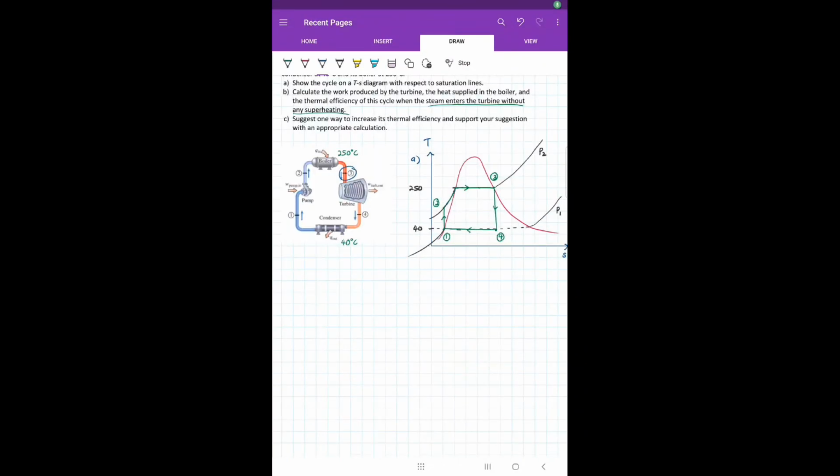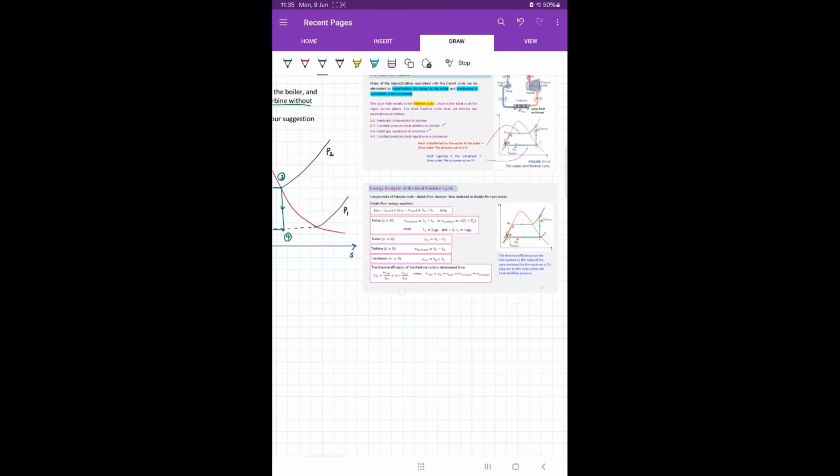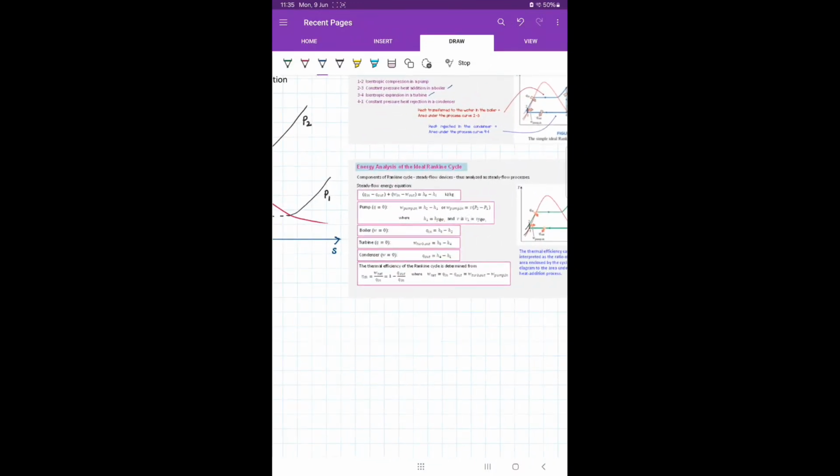Let's move on to part B, where we need to calculate the work produced by the turbine, the heat supplied in the boiler, and the thermal efficiency. When we refer to our notes, the work produced by the turbine is given by enthalpy at point 3 minus enthalpy at point 4, and the heat supplied in the boiler is given by enthalpy at point 3 minus enthalpy at point 2.